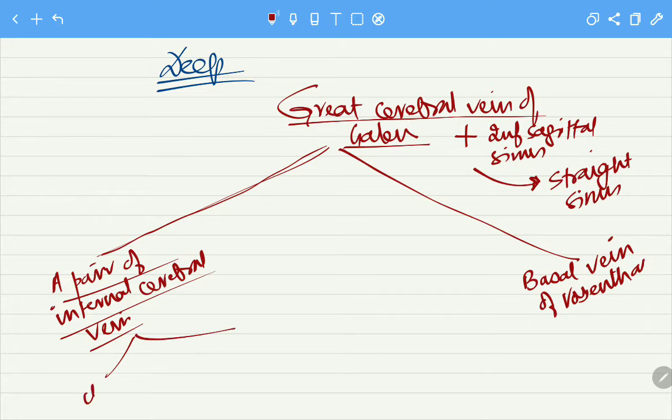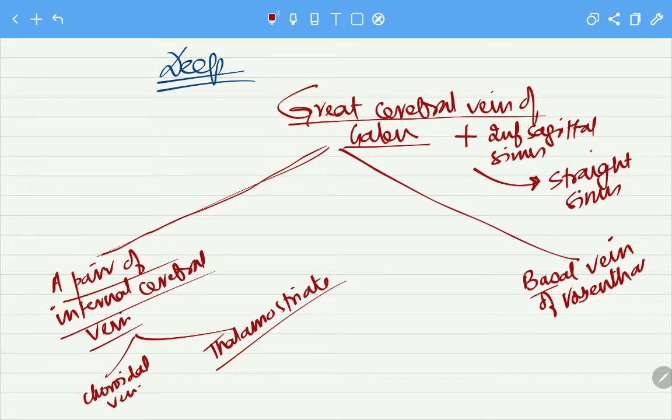One is the choroidal vein, which is draining the choroid plexus, and another is the thalamostriate vein, which is draining the thalamus and the striatum, that is the caudate nucleus.